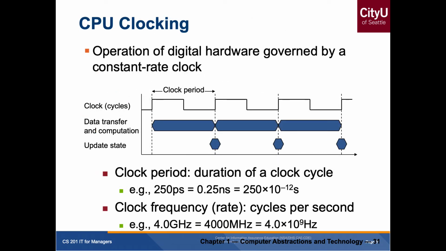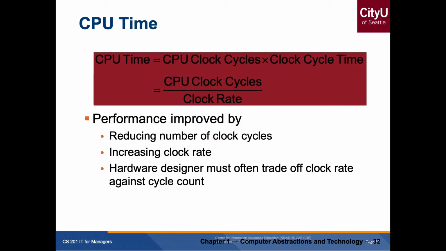So, clock period, 1 clock, 1 tick, 1 second, 1 cycle is 1 hertz. And if you have a billion of those, 100 billion, I think, would be like gigahertz. So performance improves by reducing the number of clock cycles and increasing the clock rate.